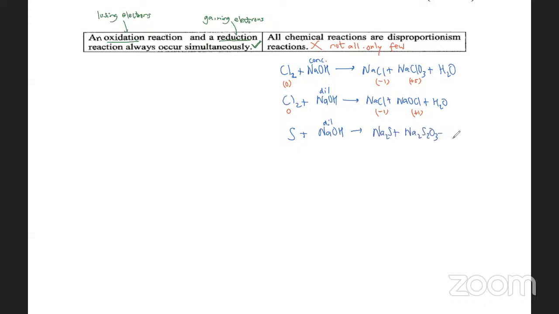Don't worry about these things, we will learn about this in unit 6. 0 here, -2 sulfur here, +2. Likewise, there are so many such reactions. When you say disproportionation, the same element must undergo both oxidation and reduction. That is what you call disproportionation.